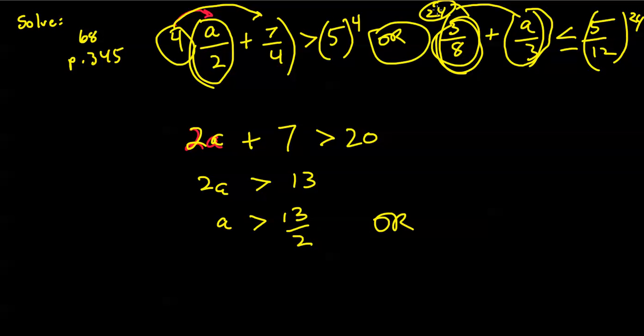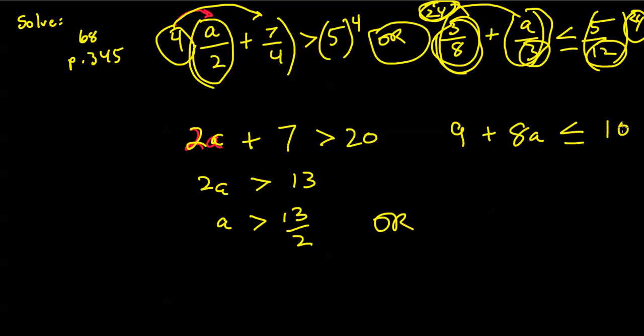Well, 8 cross-cancels into 24 3 times, and 3 times 3 is 9. Plus 3 goes into 24 8 times, and 8 times a is 8a. On the right, 12 goes into 24 twice, and 2 times 5 is 10.